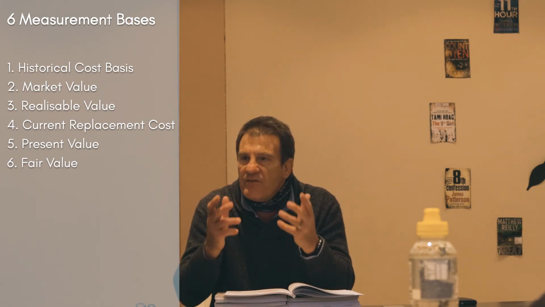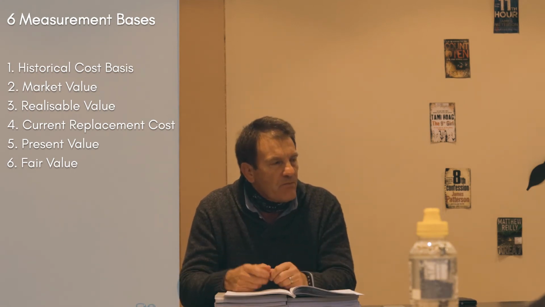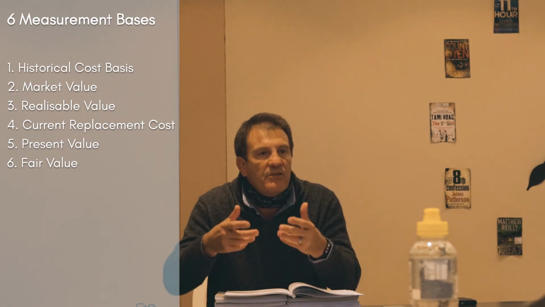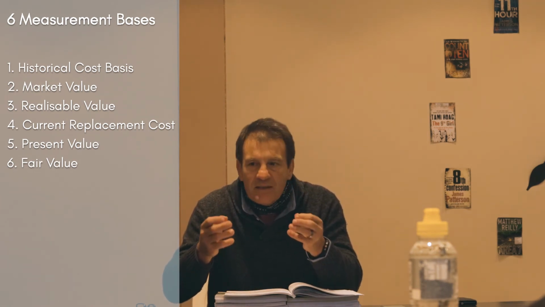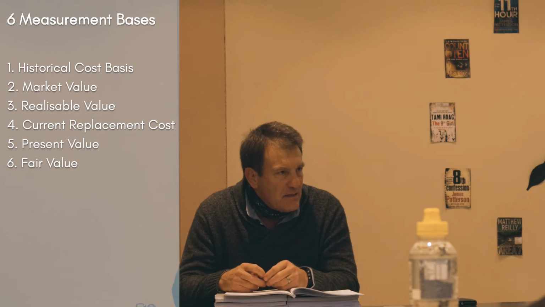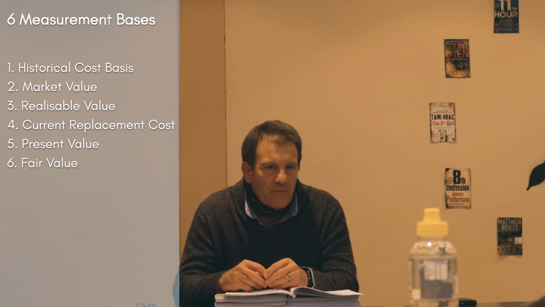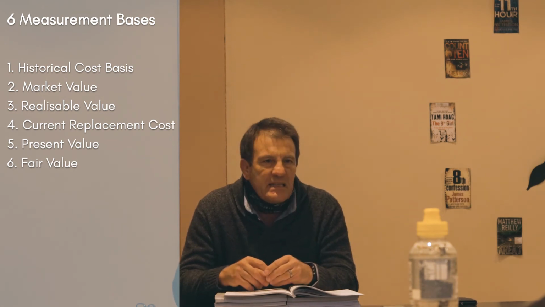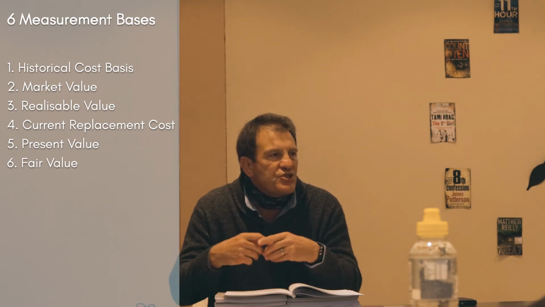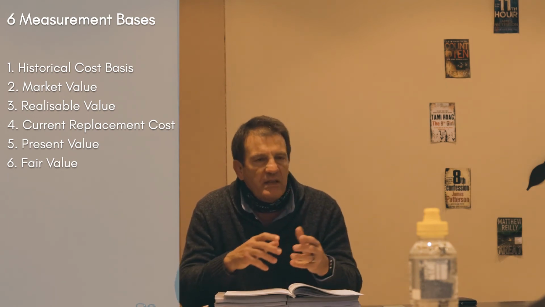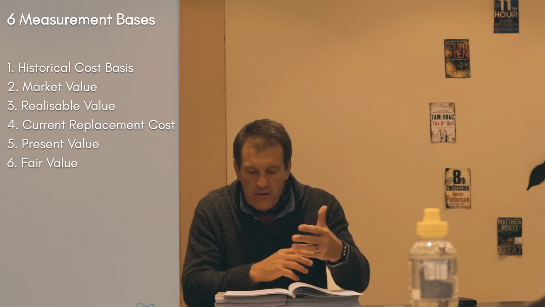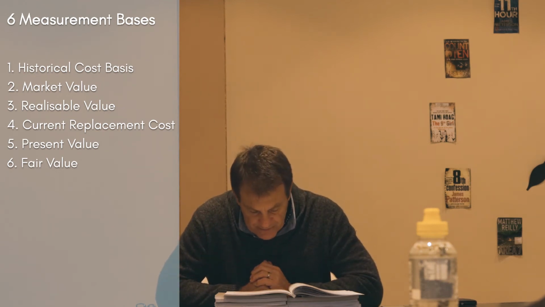And the moment that we have a value, that value is called fair value. It's a reasonable estimate of the market value at the time, but it's not as clear-cut. It's not as specific as market value. It's an estimation. People's judgment is involved because of the age of the asset or the previous price that we paid for the asset.